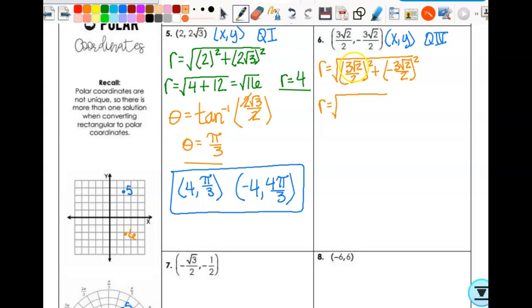Just the numerator. 18. And then I'd have 18 over 4. What's 18 over 4? 9 over 2. So I get 9 over 2 plus the same thing, because it's negative, when I square it, it becomes positive, so I have 9 halves plus 9 halves. So that's just the square root of 9, so R equals 3.